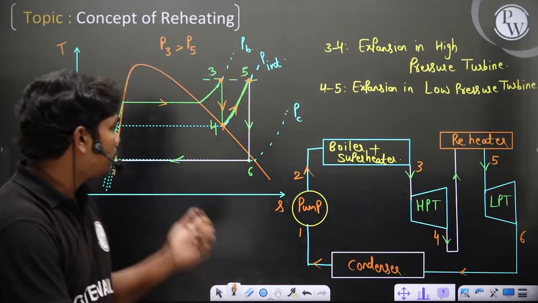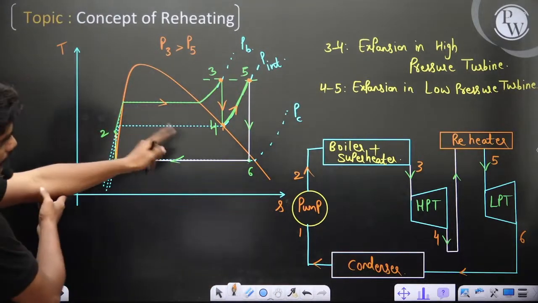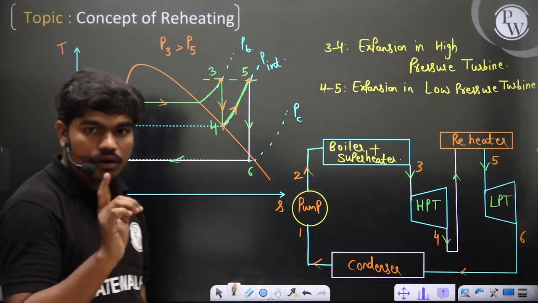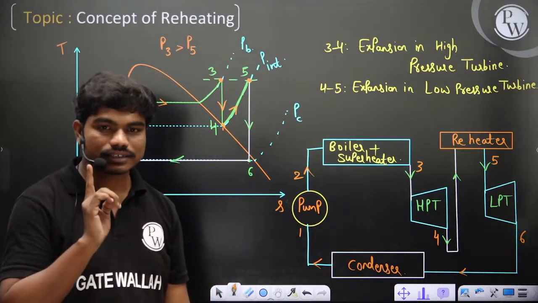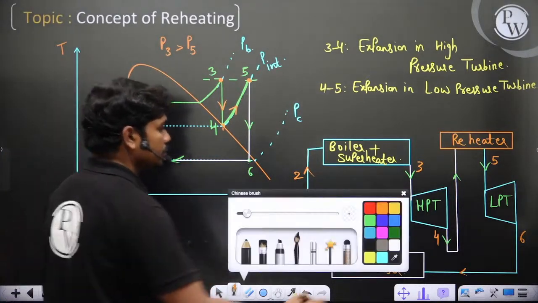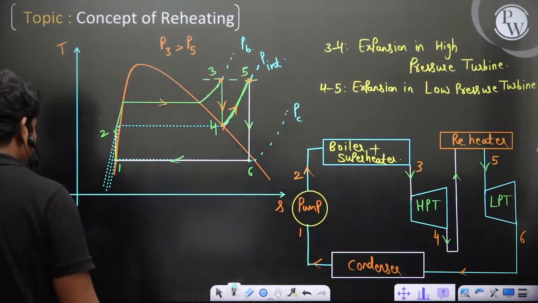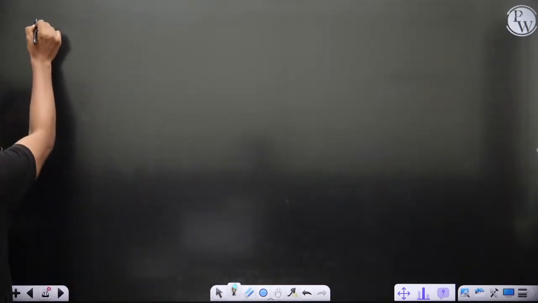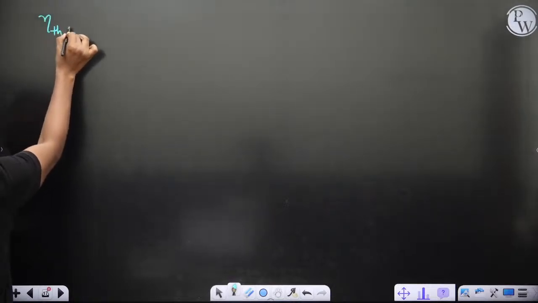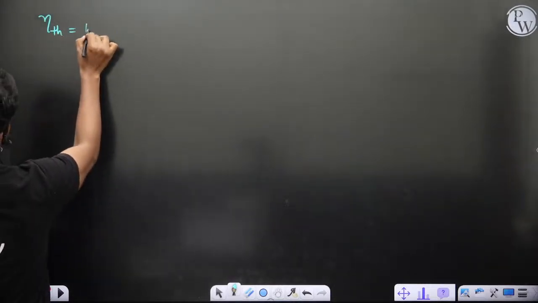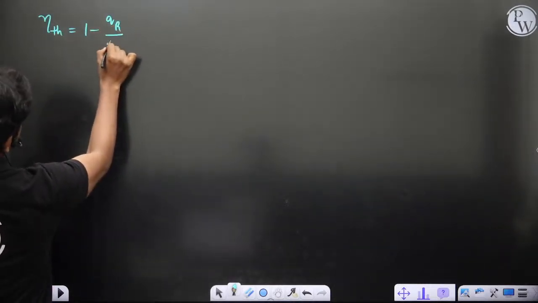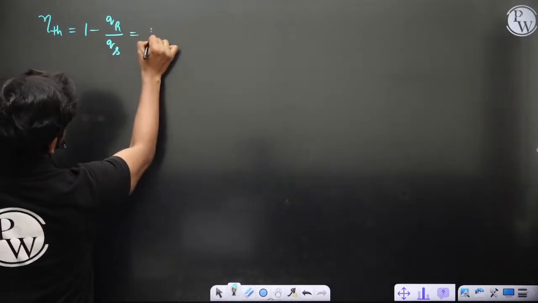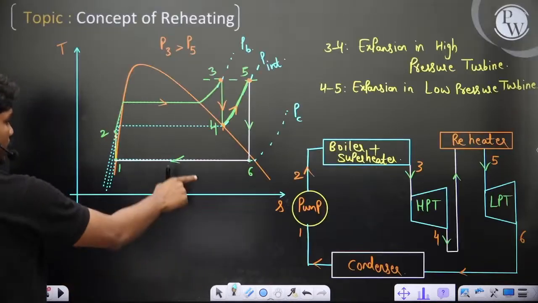Now let's see, if you want to thermodynamically analyze this cycle, first of all, this will definitely increase thermal efficiency. I'll tell you the reason. If you want to calculate thermal efficiency here, thermal efficiency is equal to 1 minus QR by QS, which is equal to 1 minus the heat ejected only in this portion.